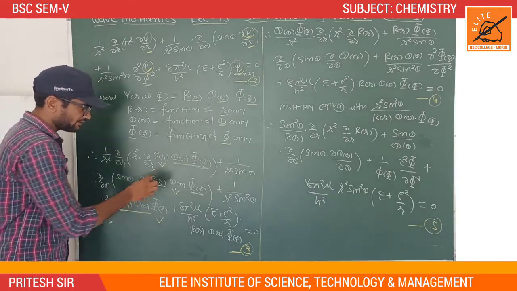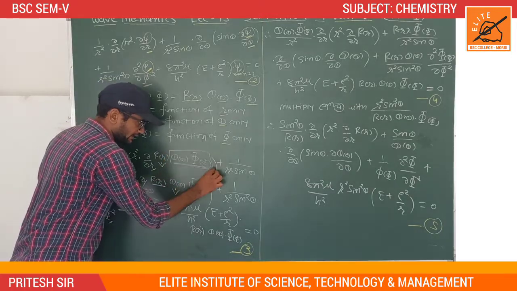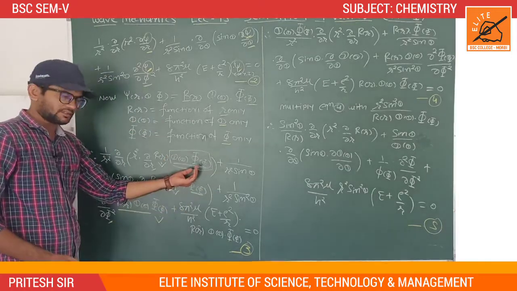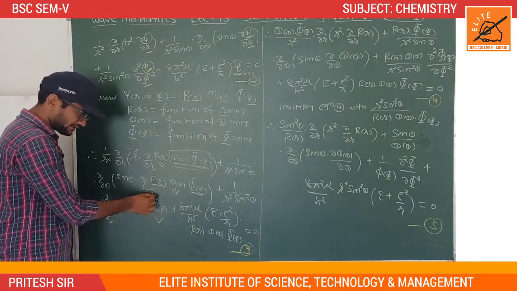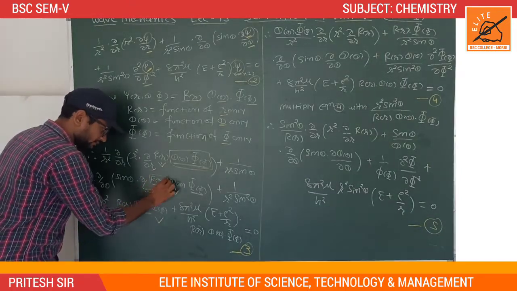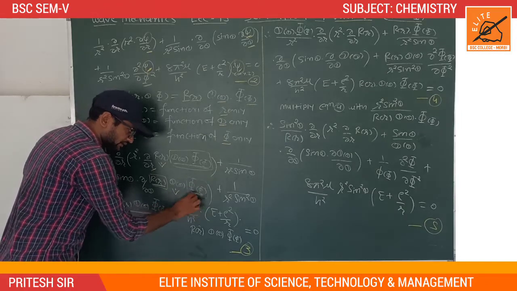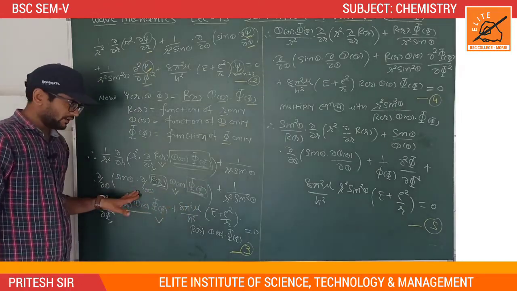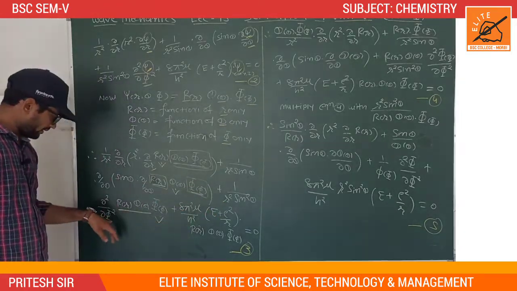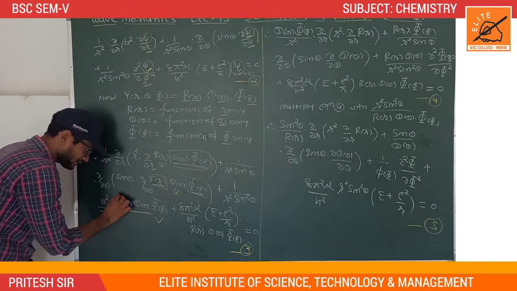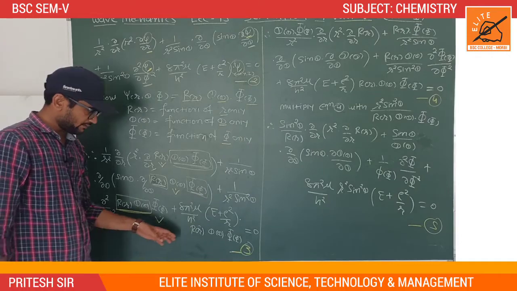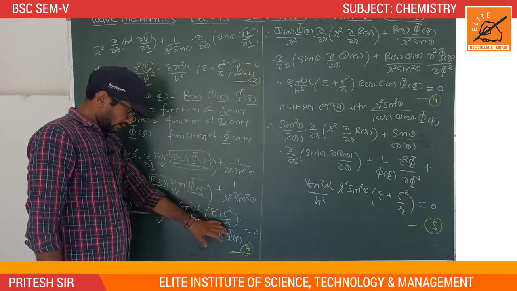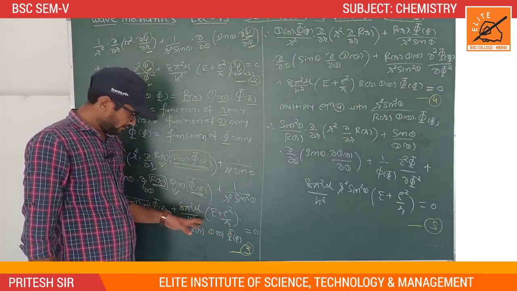So at that time these 2 variables are constant, so they go outside of the differentiation. Here in this case the variable is theta, so these 2 variables are constant for the second term, and the last term contains variable phi, so these 2 variables are constant for the third term, and the last term contains all constants.